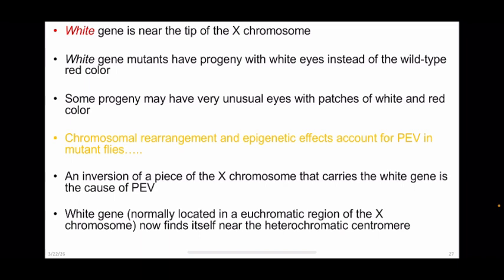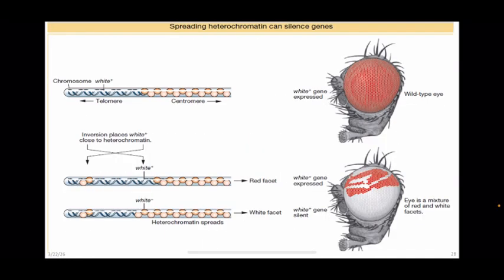So an inversion of the piece of the X chromosome carrying the white gene positions it closer to the heterochromatic region. I think there should be a diagram, but I'm talking plain. So this is your white gene. Now a mutation occurred and the white gene has been swapped, called chromosomal rearrangement.